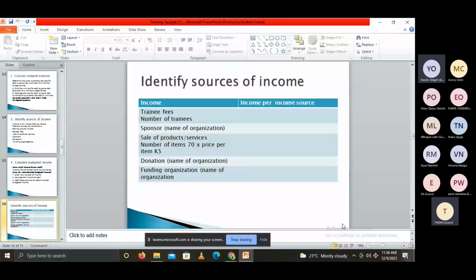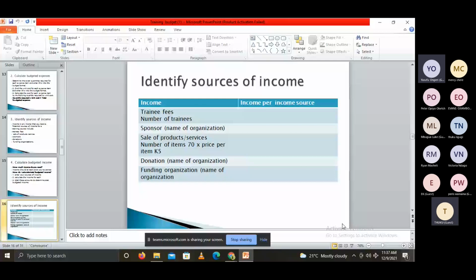We have sponsors, name of the organization. We have sale of product. Like here you have an example of a number of items, maybe 70 multiplied by the price per item, and you get the total amount of money you can be able to get from that source. And also get money from donations and other funding organizations.